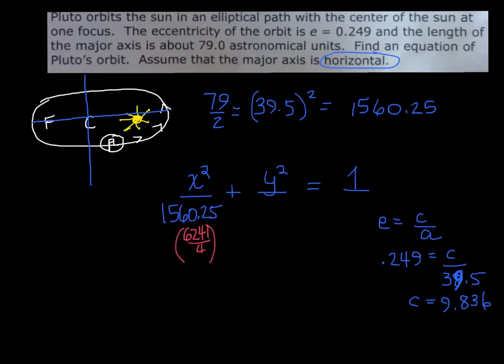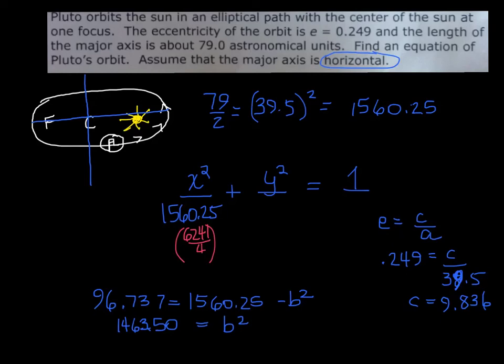So now I know that c squared, which is 96.737, equals a squared minus b squared. So b squared is going to equal 1463.50. If you try to math frac 1,463.50, it doesn't math frac.